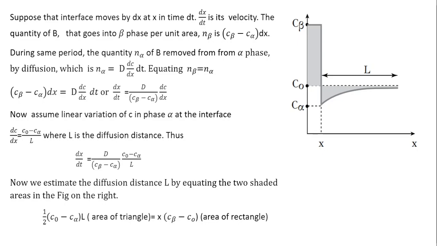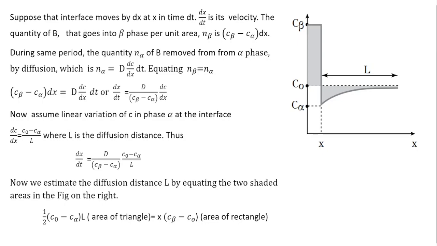So the quantity of B that goes into beta phase per unit area is n beta, equal to C beta minus C alpha multiplied by dx. During the same period, the quantity n alpha of B is removed from the alpha phase by diffusion, which is n alpha equal to D, the diffusion coefficient, multiplied by dC/dx.